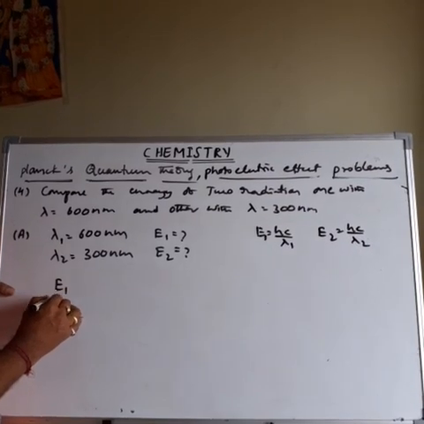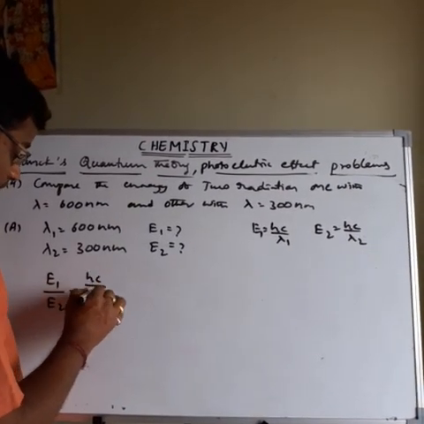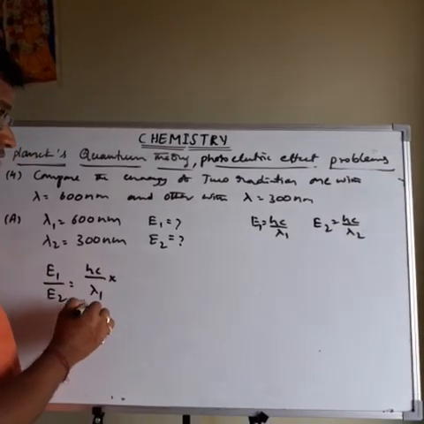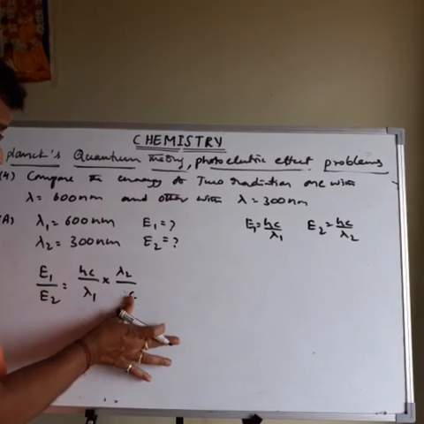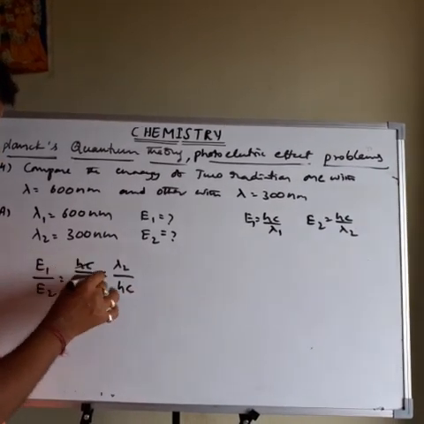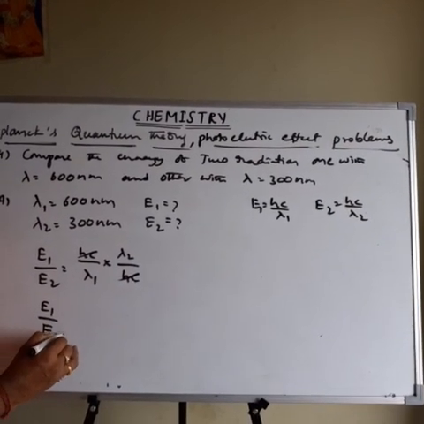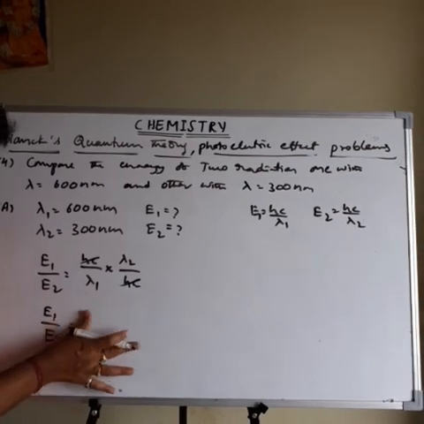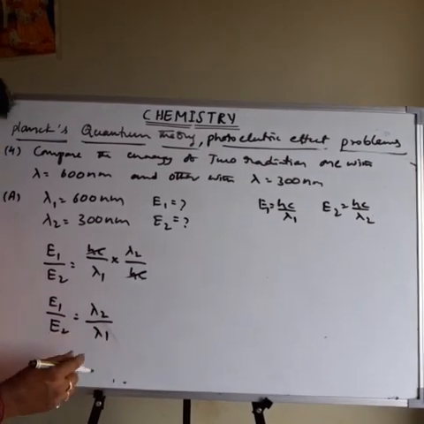Therefore E1 by E2 is equal to hc by lambda 1 into lambda 2 divided by hc. hc cancel off. Then what we get? E1 by E2 is equal to lambda 2 divided by lambda 1.